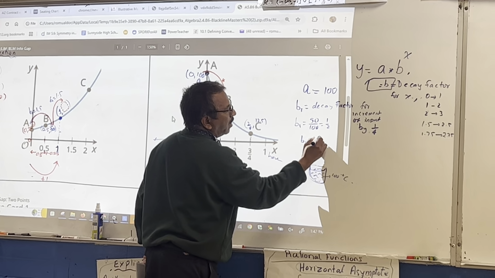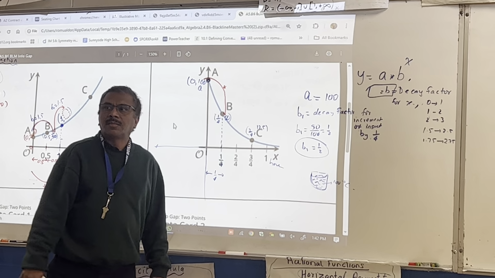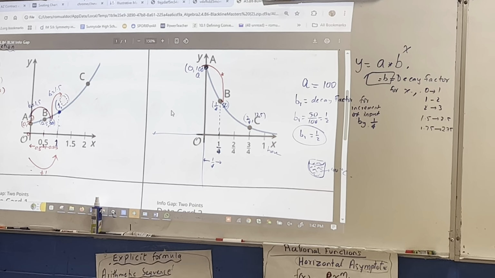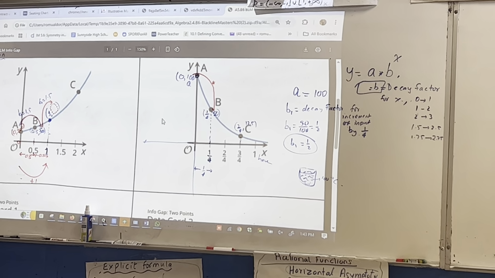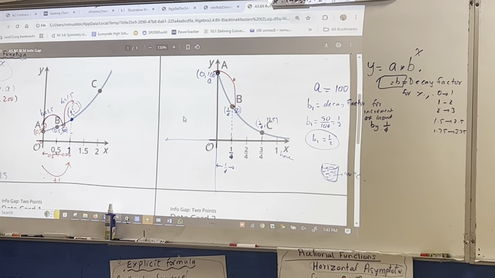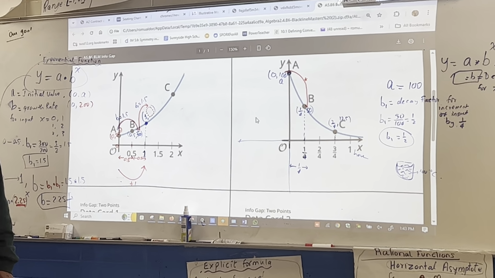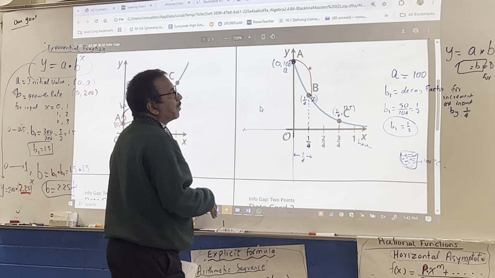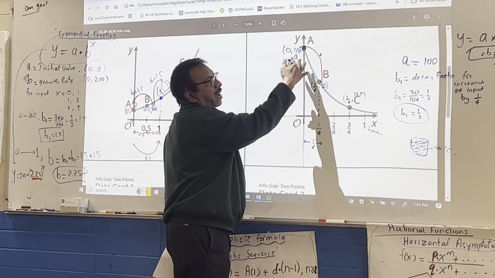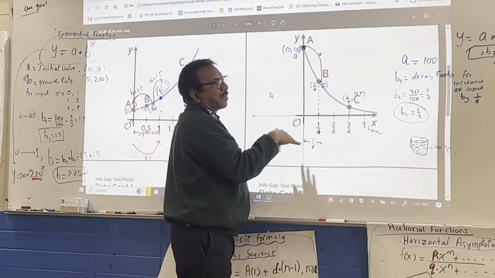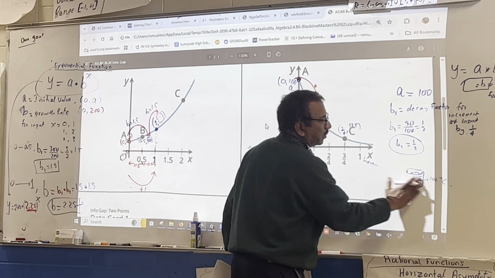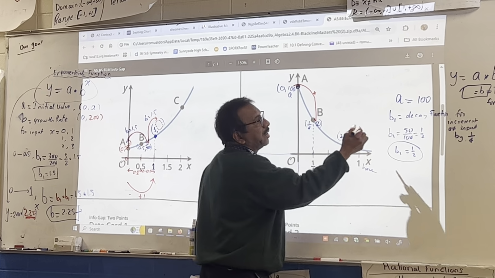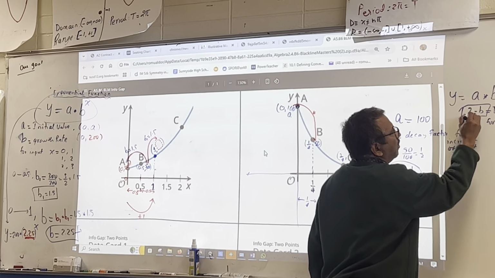So B1 is half, which is 0.5, 50%, right? So 50% is retained. Every 15 minutes, the temperature loses about 50%, and that's B1. But then we need to know what B is. This B is the question mark.